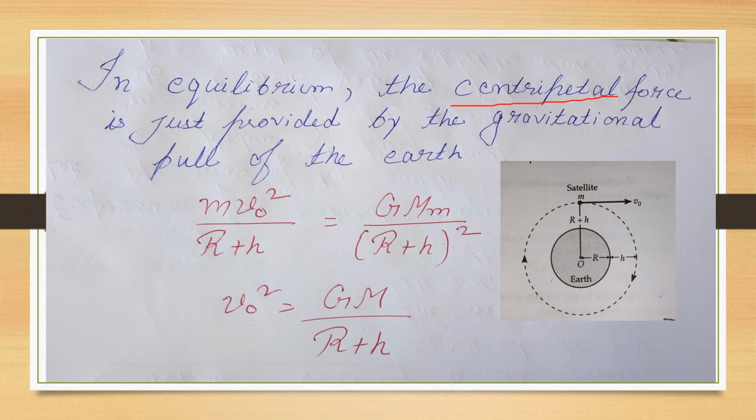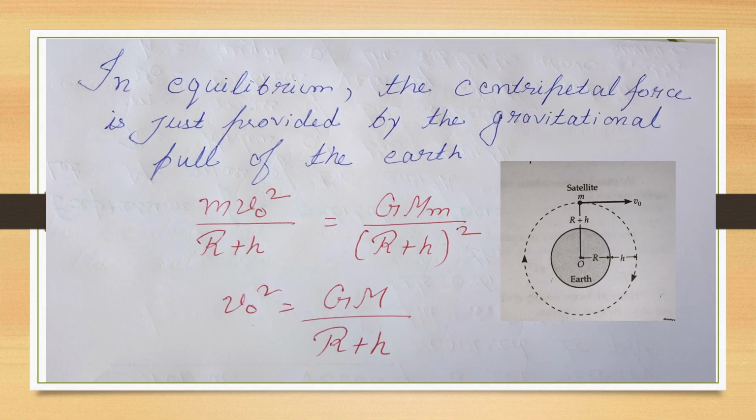But along with the centripetal force, there is also the gravitational pull of the Earth. So in order to make the satellite revolve with the orbital velocity around the Earth, both these forces must be in equilibrium, or balanced with each other.